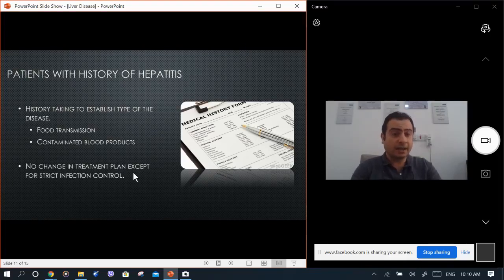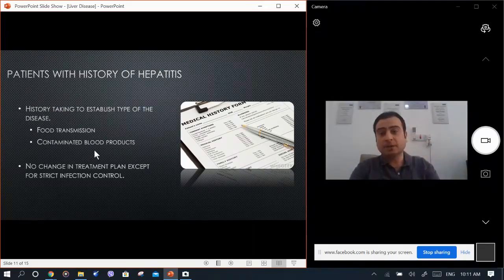Patients who had hepatitis through contaminated blood products usually will have hepatitis B or C, which is bloodborne, and might become chronic carriers. Contaminated blood products can be transmitted, for example, to patients with hemophilia, who take coagulation factors.